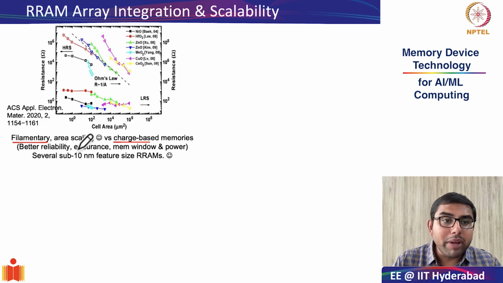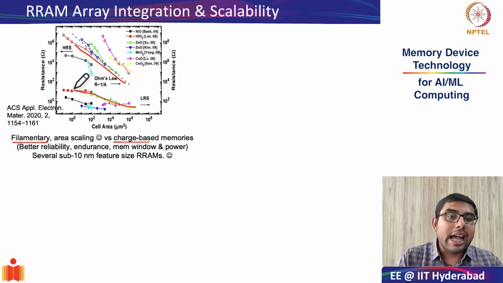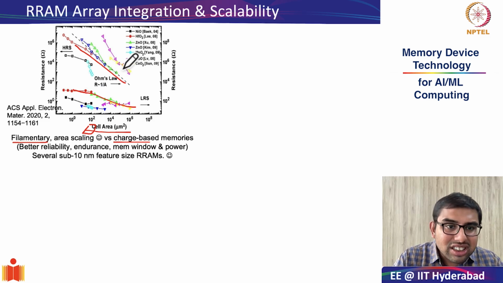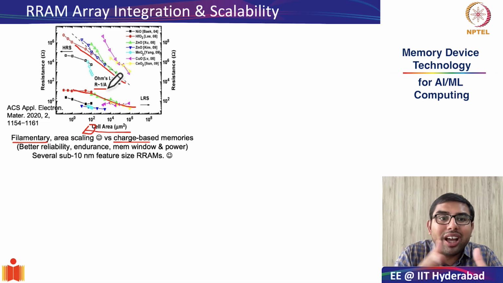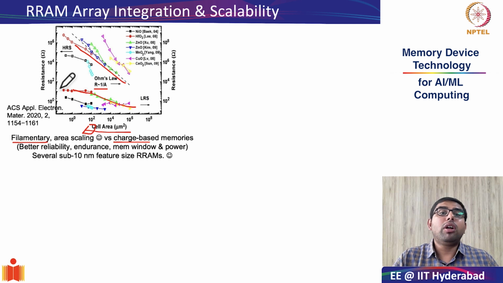In the case of memory window, as you can see, both the high resistance state and low resistance state change as we reduce the channel area. This is easy to understand. The high resistance state increases because resistance is inversely proportional to the area of conduction, and the low resistance state also increases because the number of conductive filaments starts reducing as you scale down the area.